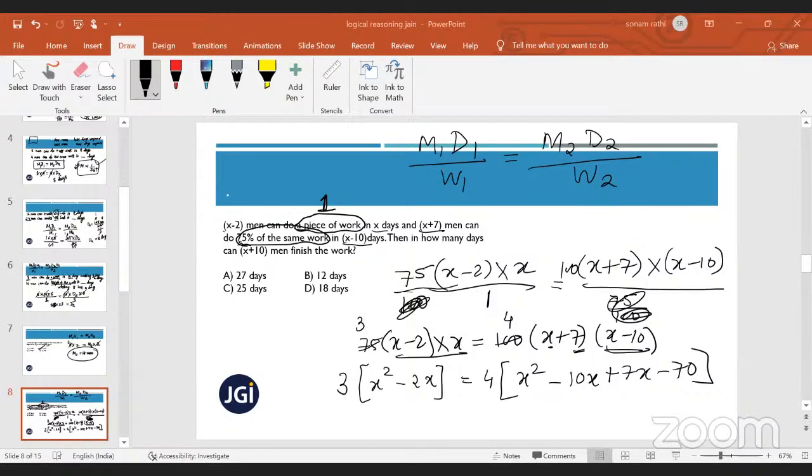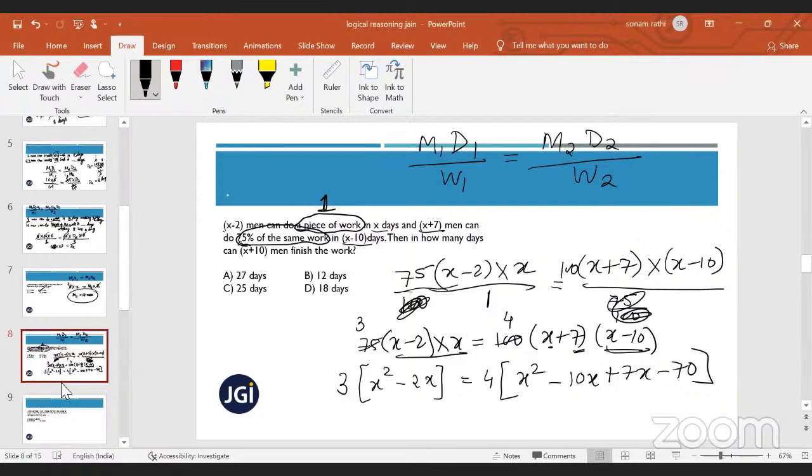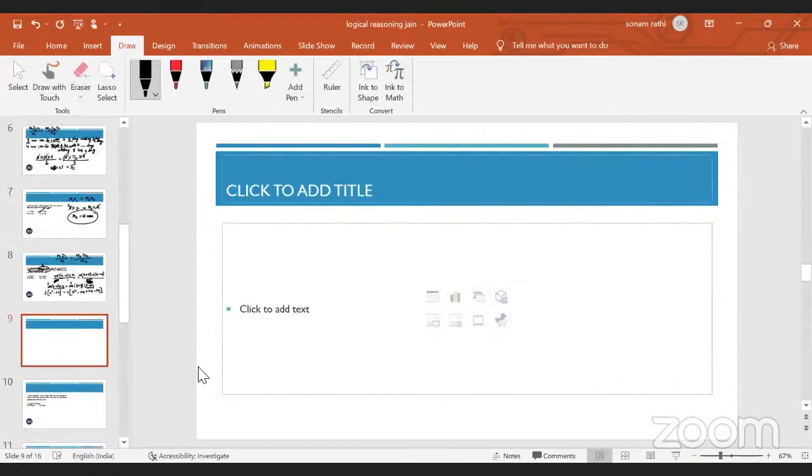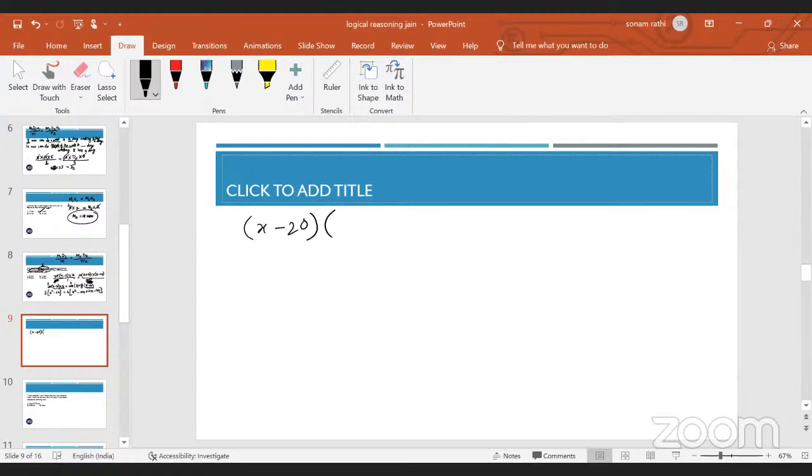So you will get an equation like this: X minus 20 bracket X plus 14 equals 0.